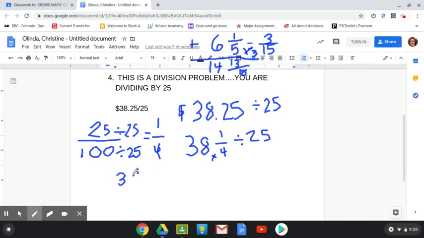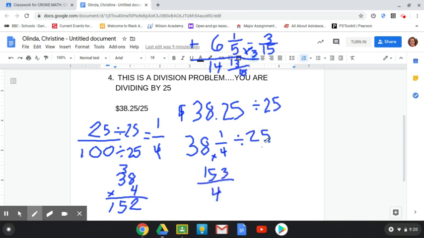I don't know that in my head, so I'm going to do it over here. 4 times 8 is 32. 4 times 3 is 12. Plus 3 is 15. So I keep 152 in my head. I add one more, 153. And the denominator stays a 4.